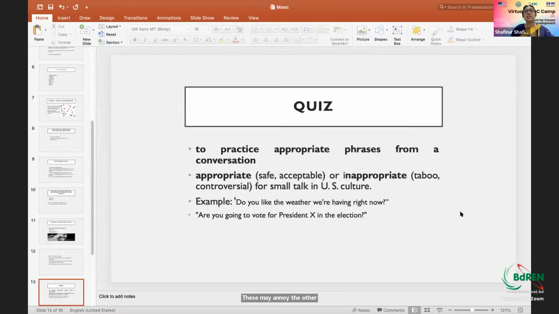They may think that this person doesn't know how to talk in a professional manner. So instead of giving a good impression about yourself, this can create a bad image, that you don't know how to talk to people. So in professionalism, if we really want to continue in a professional world, as we want to work with those people, we really need to know which are appropriate and which are not.